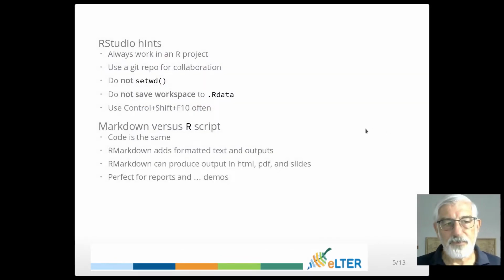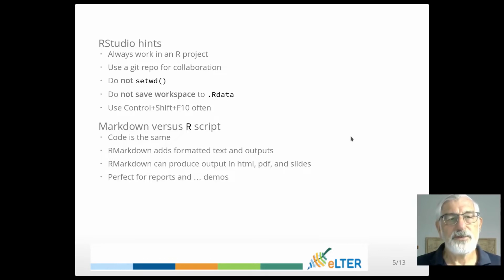A few tips before we begin. It's recommended always in RStudio to start a new R project for each analysis. And it makes perfect sense if you're working together with other colleagues to open up a GitHub repository for your work, and then have the R project tied to that Git repository.